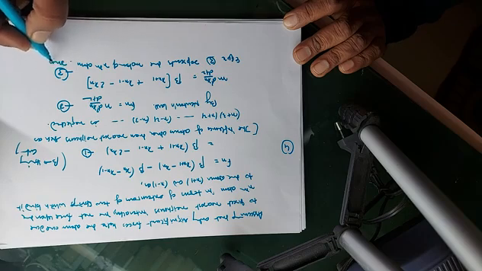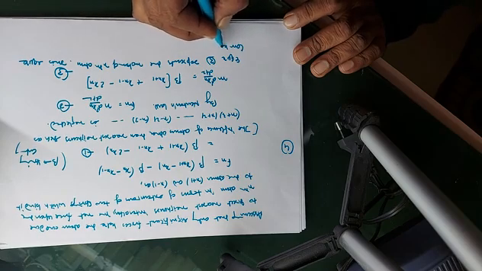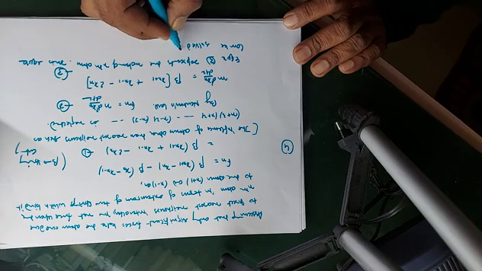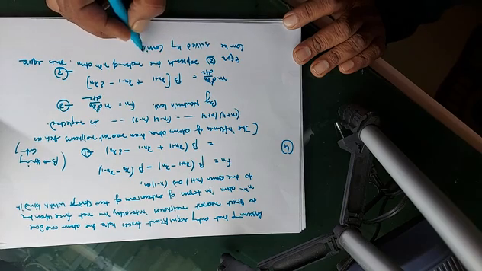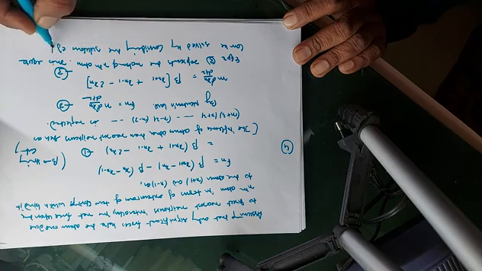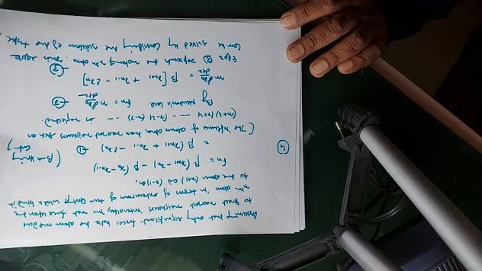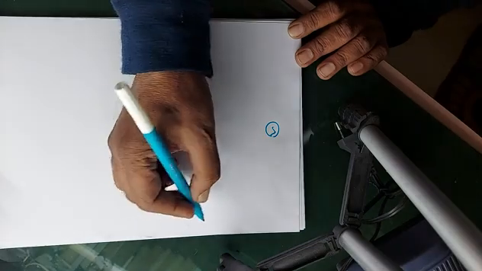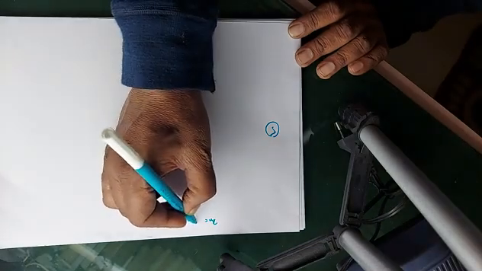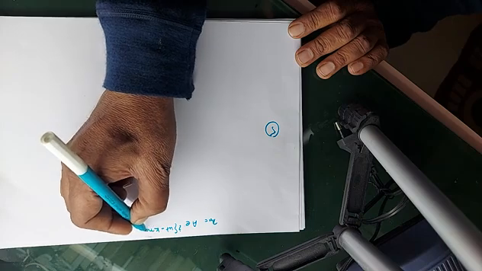Now this equation, a second order equation, can be solved by considering the solutions of the type xn is equal to A exponential i omega t minus k na.